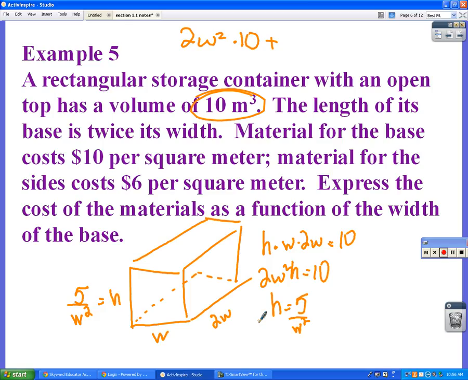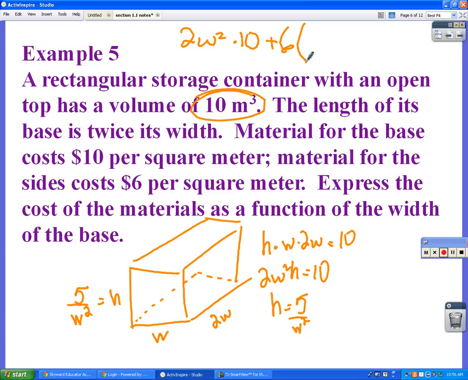Right, but this side and this side are not the same. So I'm going to have to go plus 6 times, what's the area of this face? W times 5 over W squared, which we would like to simplify as 5 over W. Are you okay with that? Because this W will cancel one of those W's down there.